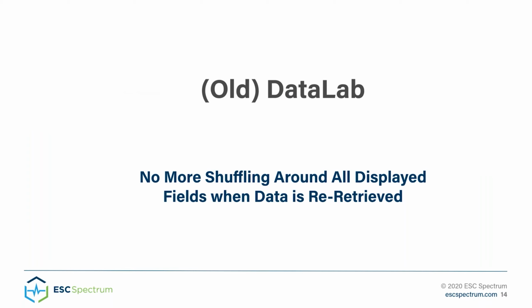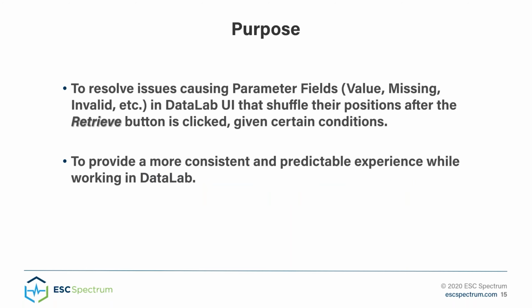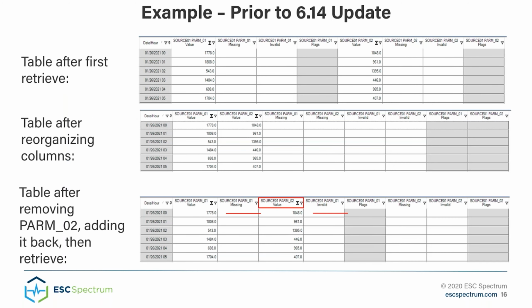Old Data Lab: no more shuffling around all displayed fields when data is re-retrieved. The purpose of this change was to resolve issues like grid columns changing position after re-retrieving data. Here we see the table on the top after retrieving data, the middle table after reorganizing columns, and the same table on the bottom after re-retrieving data.